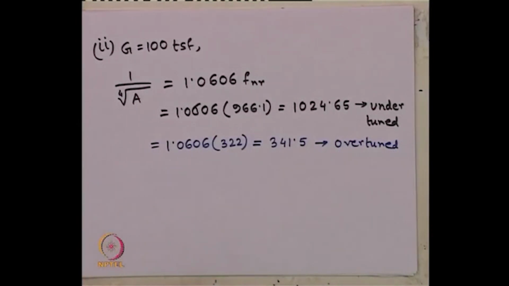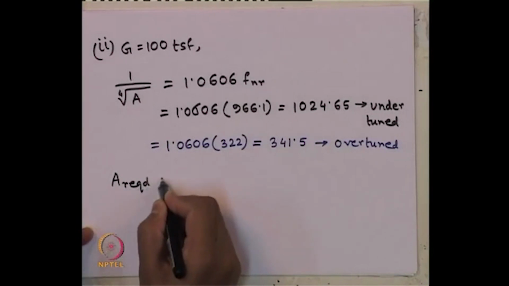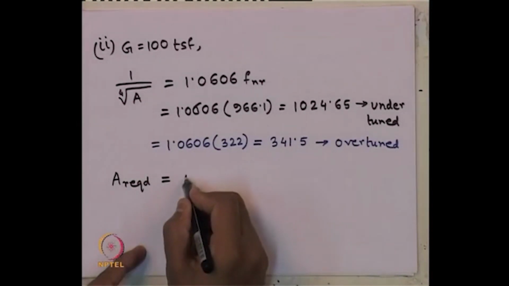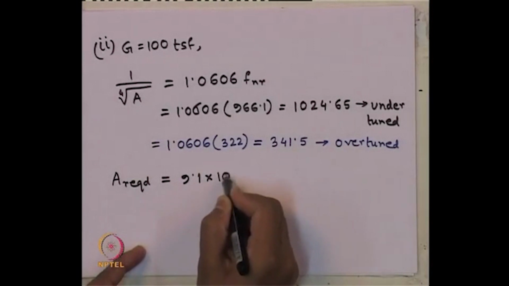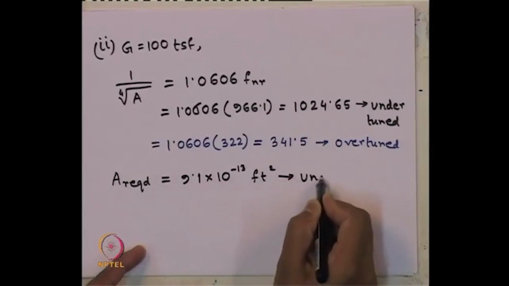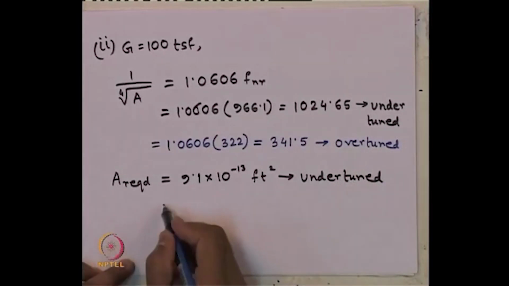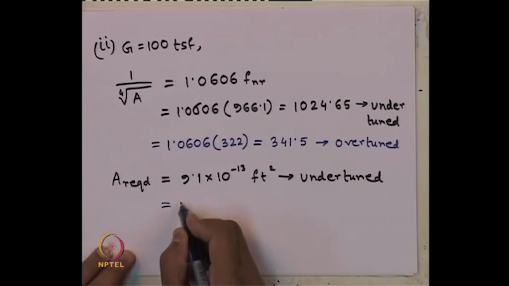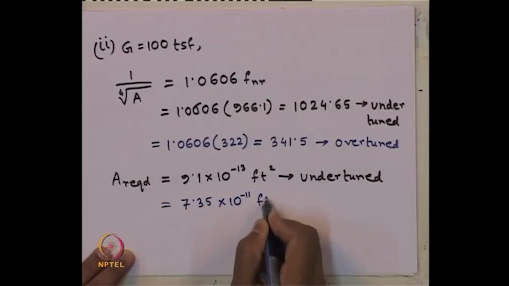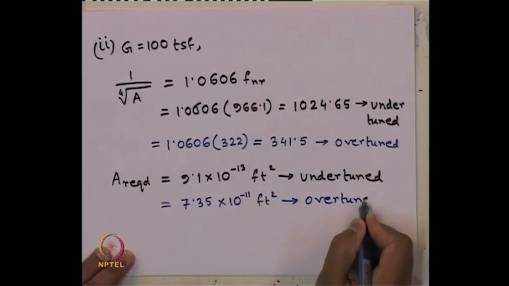So, finally, how much are they coming? A required for the first case of under tuned will be 9.1 into 10 to the power minus 13 feet square, and 7.35 into 10 to the power minus 11 feet square for the case of over tuned.